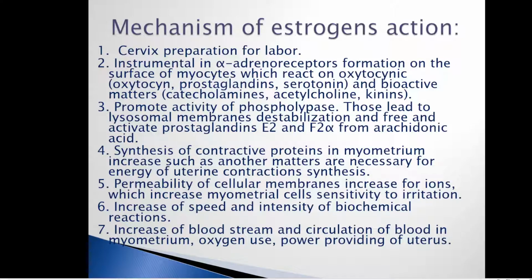That leads to lysosomal membranes destabilization and frees and activates prostaglandins E2 and F2 alpha from arachidonic acid. Next, synthesis of contractive proteins in myometrium increases, as do other matters necessary for energy of uterine contraction synthesis. Permeability of cellular membranes for ions increases, which increases myometrial cells' sensitivity to irritation.